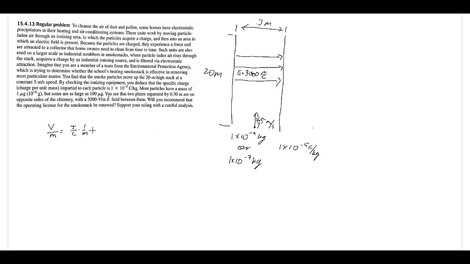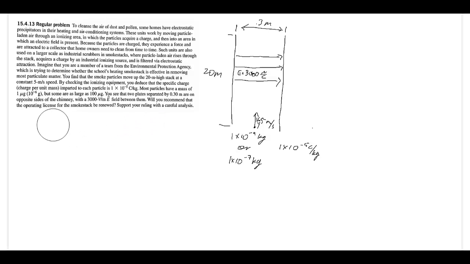And a joule, if you remember, is work, something that allows you to give something energy, a physical quantity that means how much energy you've given something. Work is force times distance, which means that joules can also be expressed as newtons times meters over coulombs times 1 over meters. Meters cancel out, and what you're left with is newtons per coulomb. So volts per meter is just a fancy way of saying 3,000 newtons per coulomb. Just wanted to make sure to get that out there.